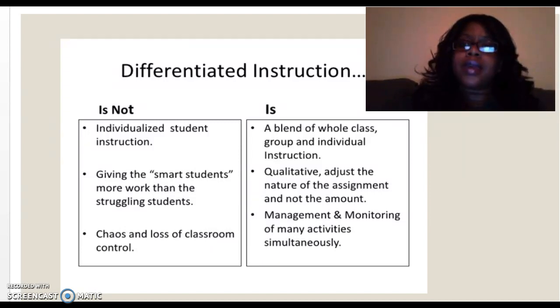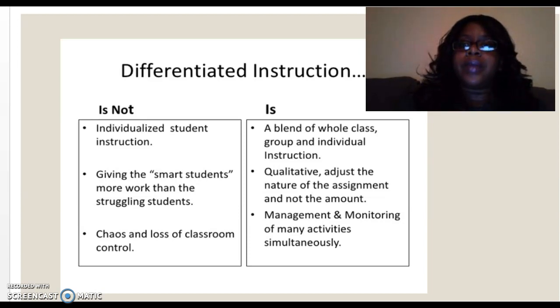But we want to make it fair for all students, and we want to make sure that the material we're teaching and what we give our students is challenging for those smart students as well as the students that are struggling in our classroom. And it is not chaos and loss of classroom control. This is not having kids running all over the place doing whatever they want to do.